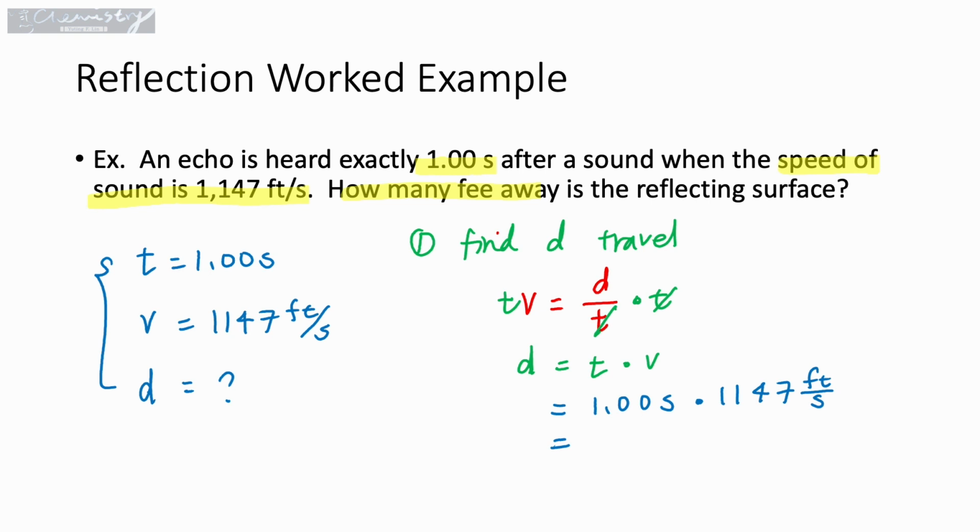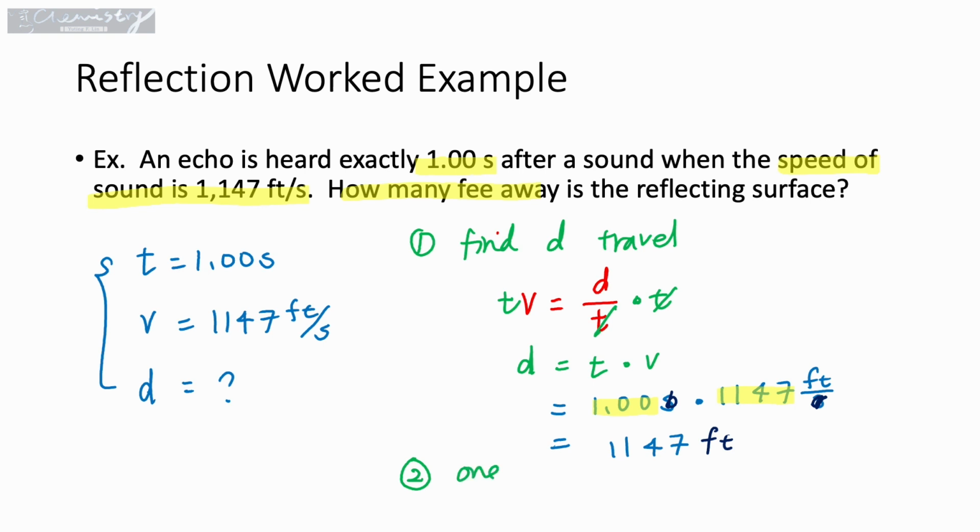From here, again, remember we do the numbers first. So that is going to be 1147. Then looking at the units, it's seconds times feet over seconds, so seconds will cancel out. What is left is feet. So this is the total distance traveled. But we're looking for how much distance is one way.